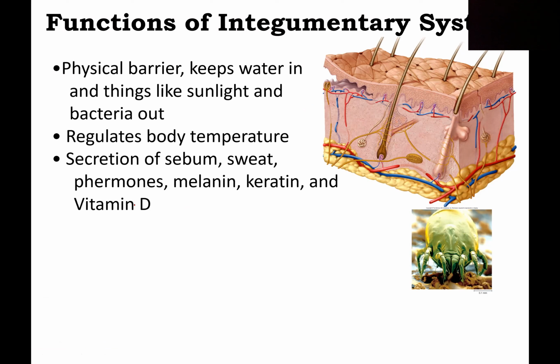The sebum is a waterproofing oil. Helps to keep moisture in the skin. The sweat is a way to get rid of waste products like heat, excess electrolytes. Sweat is a way to alter fluid levels.